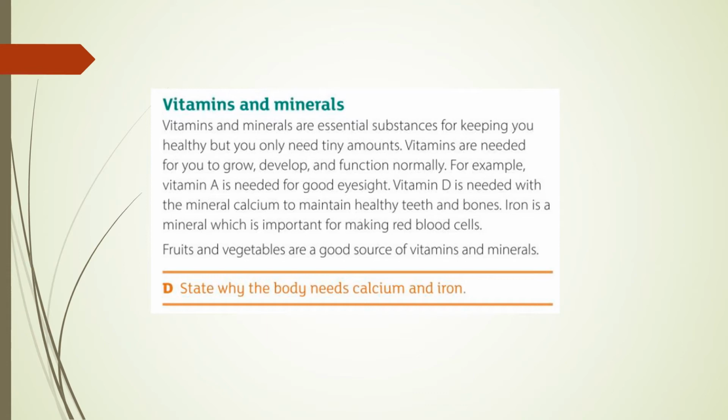So if you lack vitamin D as you are growing up, then your bones become soft because you're not getting enough of the calcium, and they can bend, and that's what rickets is. Iron is another good mineral, and that is extremely important for transporting oxygen around in your red blood cells.